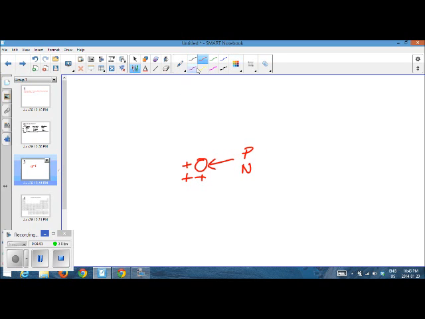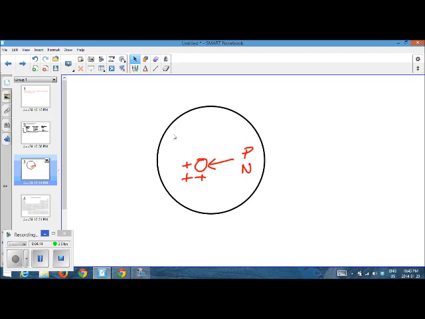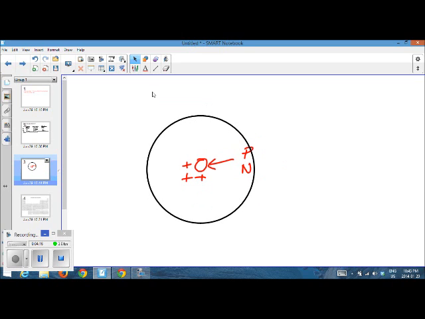Around it, what you would have, you would have electrons, okay? Your electrons would be in orbits, okay? So they'd be orbiting around this tiny, tiny little nucleus. So you have your tiny, tiny little nucleus that's positively charged.